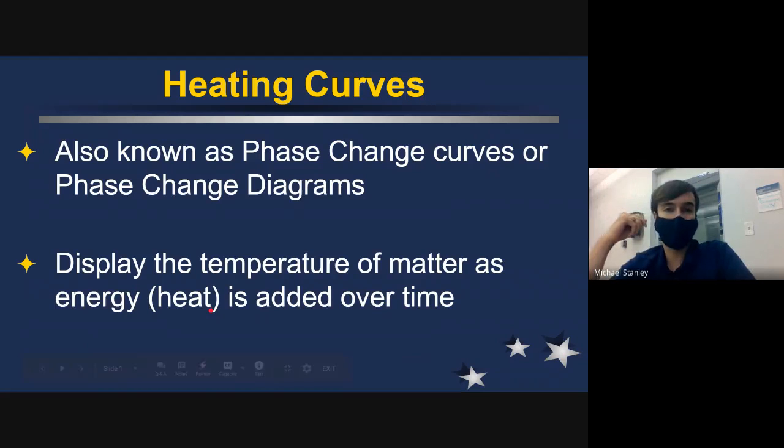The most common example I think of is if you take a big ice block and stick it on the stove and turn the stove on low, the heating curve would show as time goes on what the temperature is in that ice block, or eventually that water or water vapor, as more and more heat is added to it.